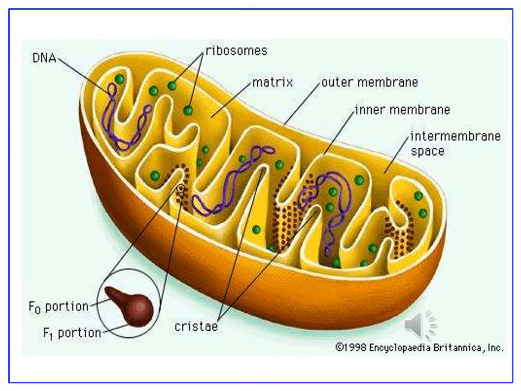The space between the outer and inner membrane is called the intermembrane space, and the finger-like projections are called cristae. Small DNA molecules are also present in the center of the mitochondria, and ribosomes are also present.